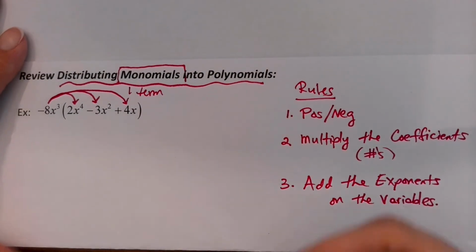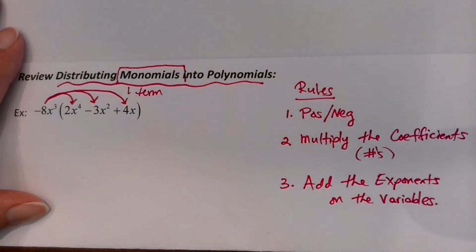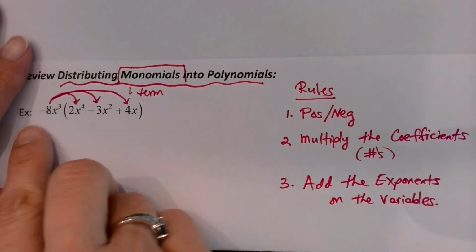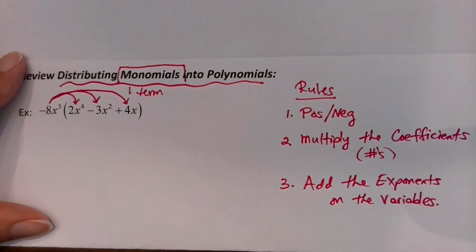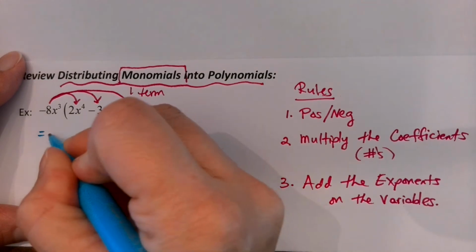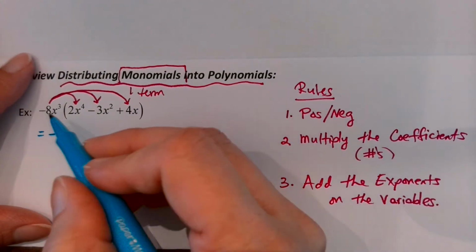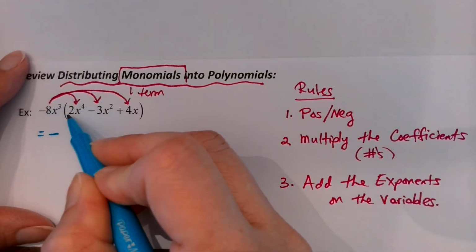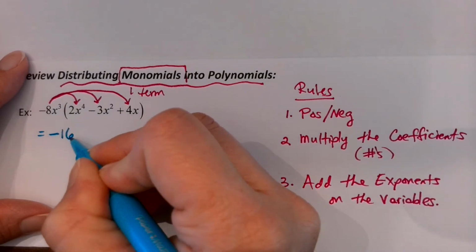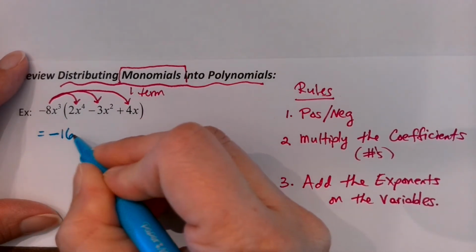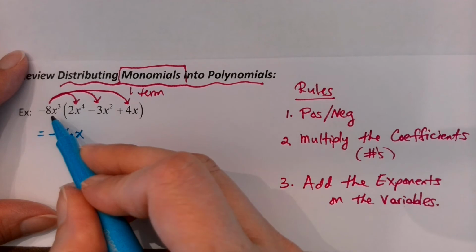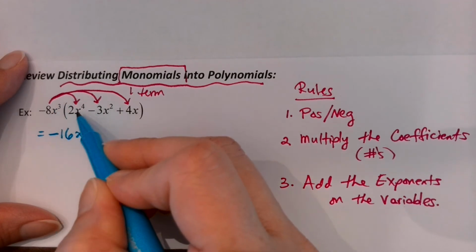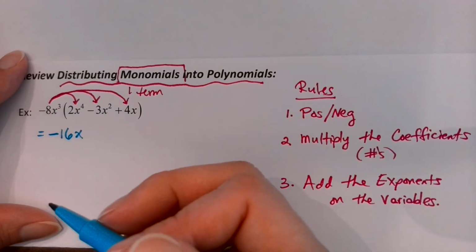So over here, let's go back to the problem. The first thing we have to consider is a negative times a positive, and that's going to be a negative. And then I have to consider 8 times 2, and that's 16. And now I'll study the x's. So when there's 3 x's times 4 x's, the question is how many is that?